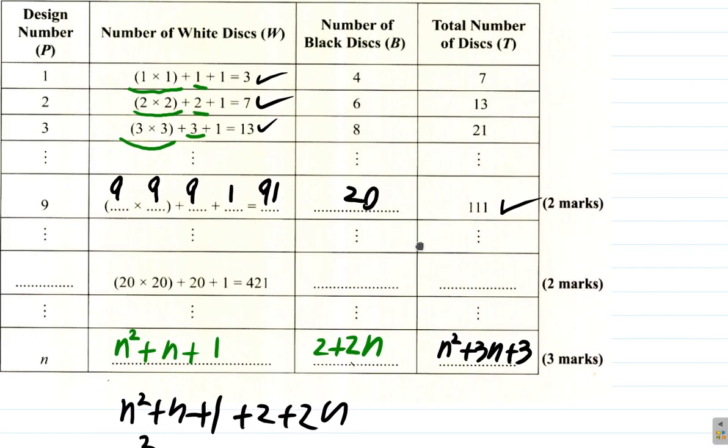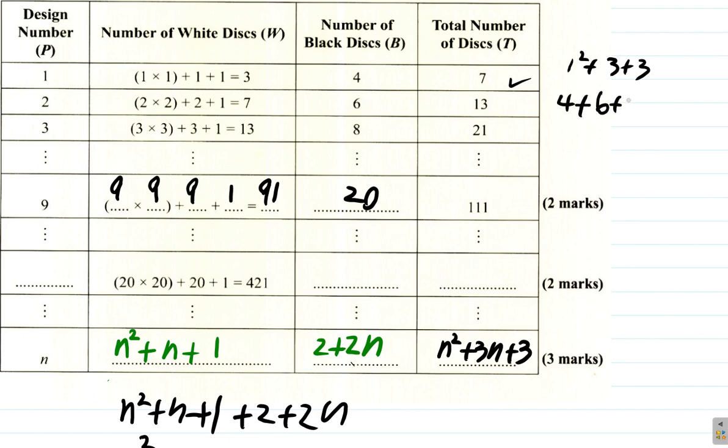Now, we can just test it out. Let me erase some of these markings. 1 squared plus 3 by 1 is 3, plus 3. 3 and 3, 6 and 1, 7. Okay. 2 squared, which is 4, plus 2 times 3, 6, plus 3, 6 and 3, 9 and 4, 13.